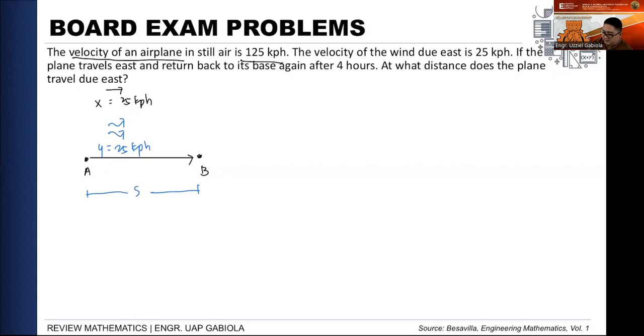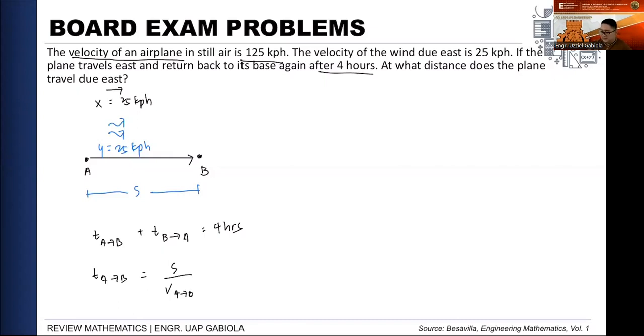Okay, so ibig sabihin para makuha natin yung 4 hours, kailangan yung time na gugugulin niya from A to B plus time na gugugulin niya from B to A equals daw siya sa 4 hours. Okay? And para makuha si T A to B, pwede natin gamitin yung S over V, yung velocity natin ng A to B. That is equivalent to S, hindi natin alam.